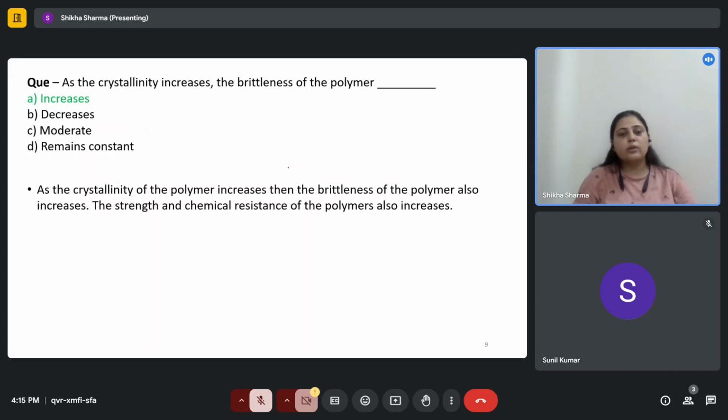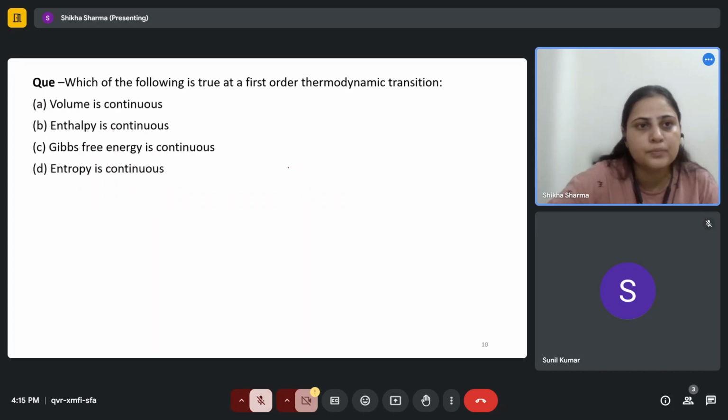The crystals will be more ordered. The chains are not randomly arranged. It is in perfect order. So its brittleness will be very, very high. Also, its melting temperature will be very high because it is in a closely packed ordered structure.